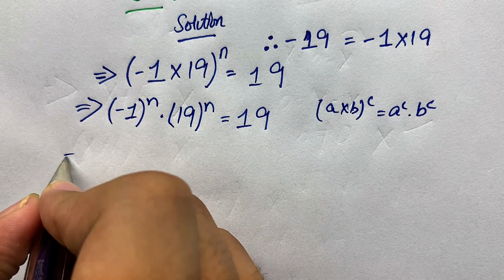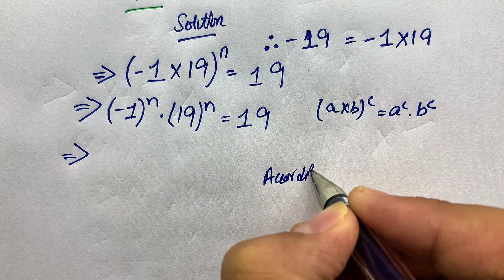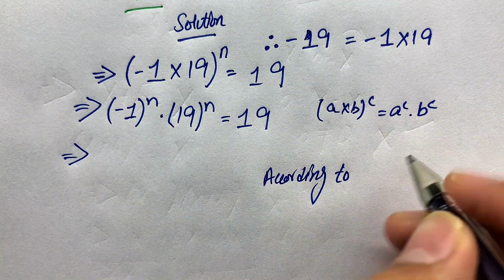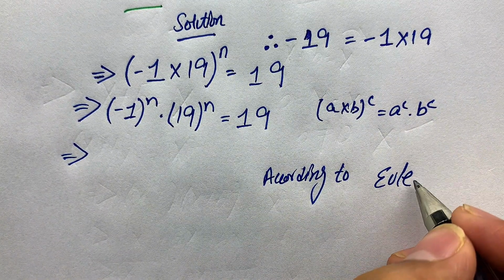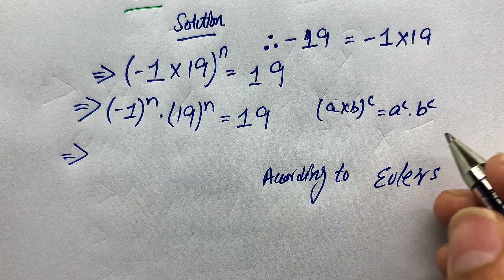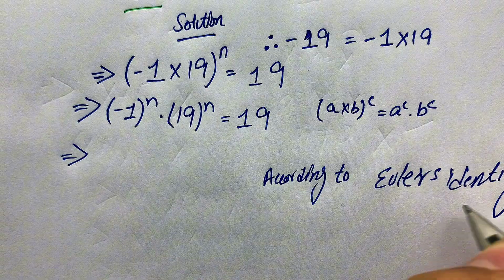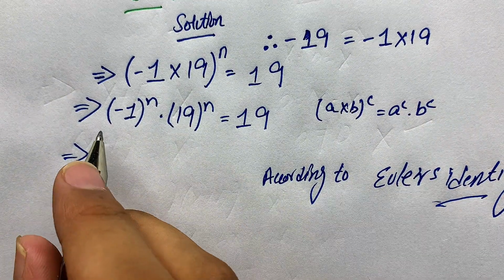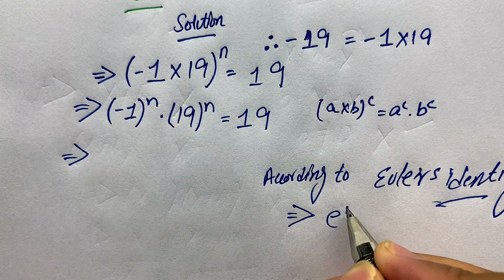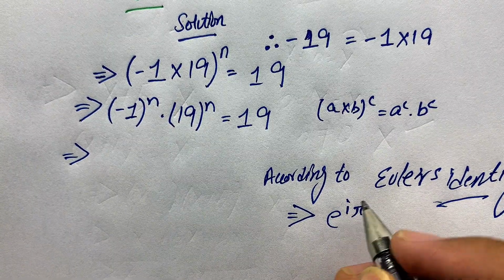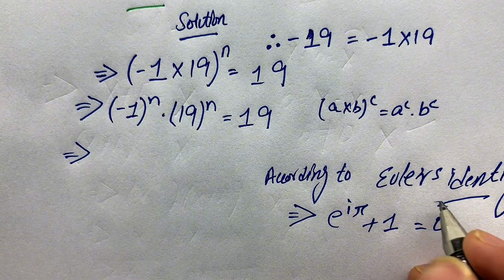So in the next step, according to Euler's identity, e^(iπ) + 1 is equal to 0.